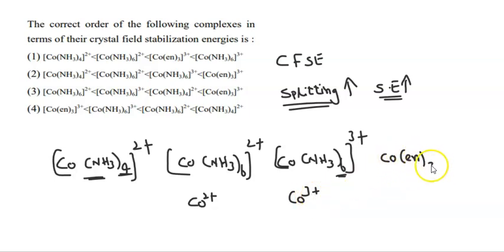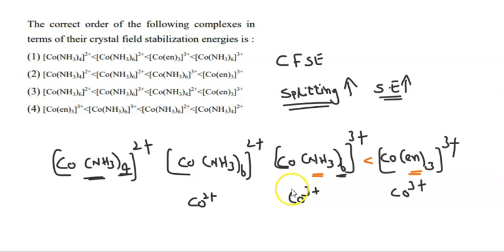[Co(en)3]3+, ethylenediamine is a bidentate ligand, coordination number here also 6, with cobalt oxidation state +3. Here en is a strong field ligand when compared to ammonia. If it is a strong field ligand, whose splitting energy is more, whose stabilization energy is also more.